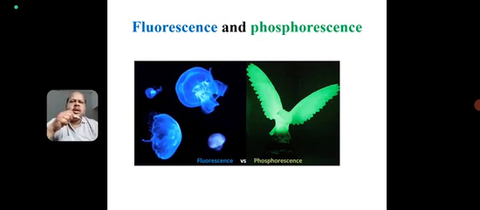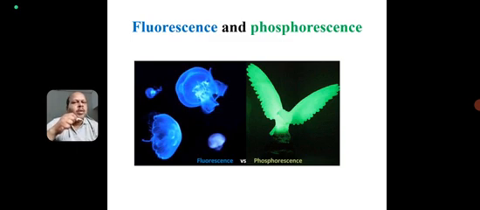We have seen that sometimes our currency notes are checked in ultraviolet light by banks or some shopping complexes, and a few things which disappear in normal light appear in blue color. This is called fluorescence.